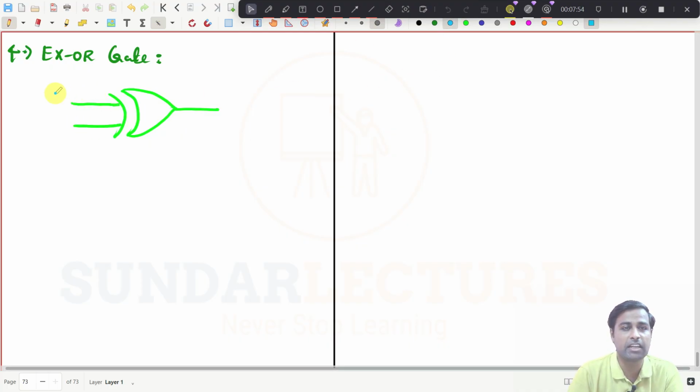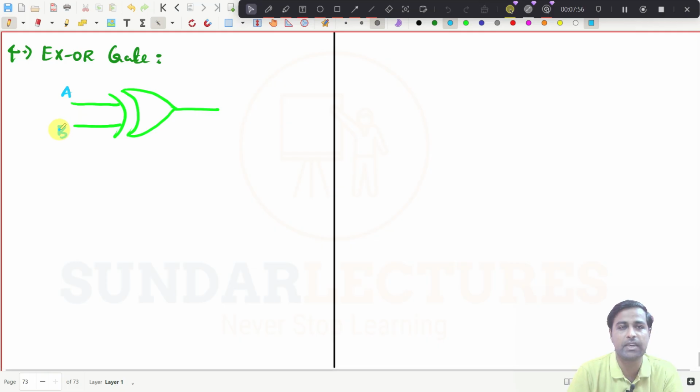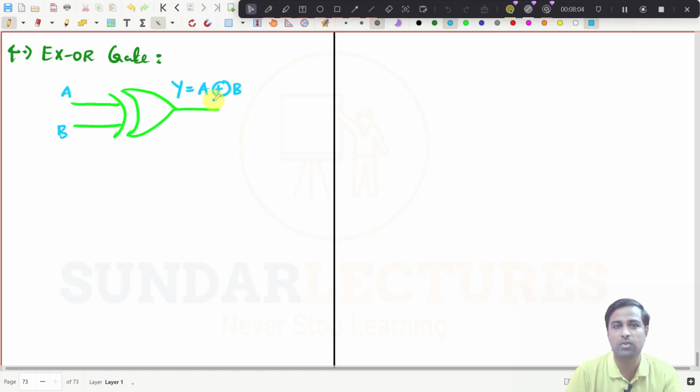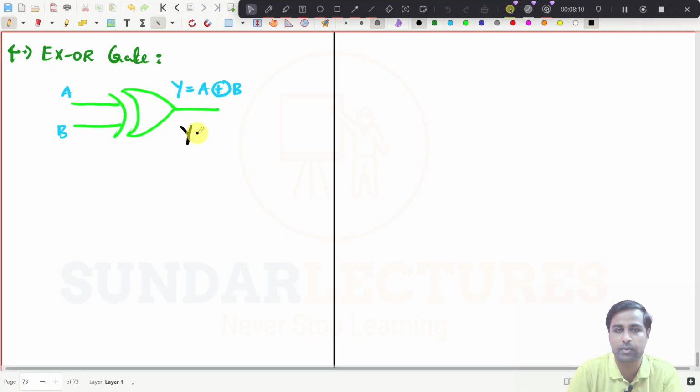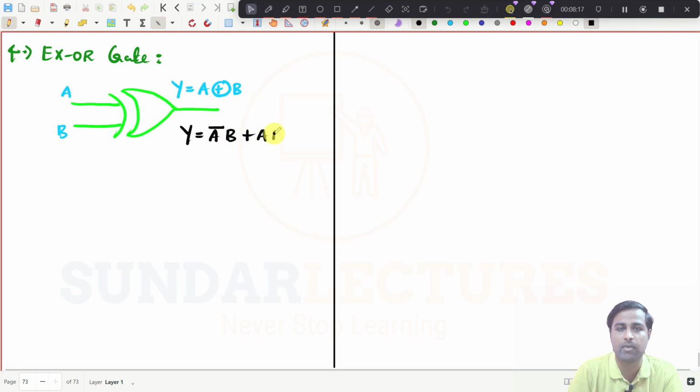And obviously it will have A and then B. And I will always write Y is equal to A XOR B. What does this XOR mean? So write it as an equation: Y is equal to A bar B plus A B bar. This is the actual meaning of this XOR.